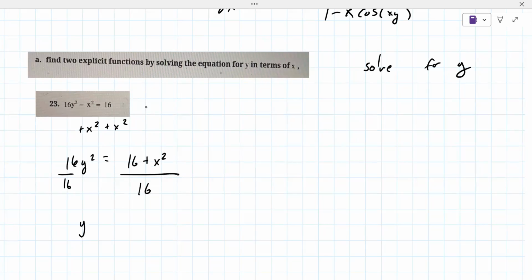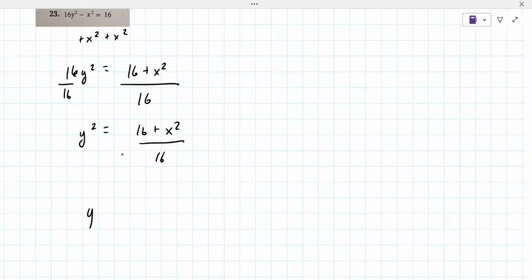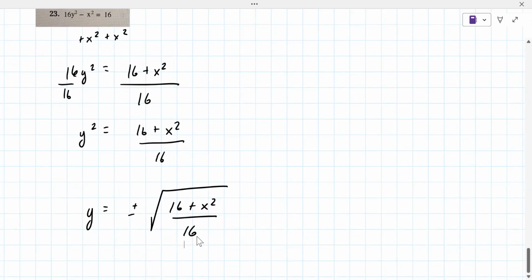Divide by 16. And then this is where you get the two explicit functions. You take a square root of both sides, and you get y equals plus or minus square root of (16 plus x squared)/16. And then you can take the square root of the top and the bottom. So yes, you could write it like this, plus or minus square root of 16 plus x squared. Square root of 16 on the bottom is 4, and write 1/4 like that.